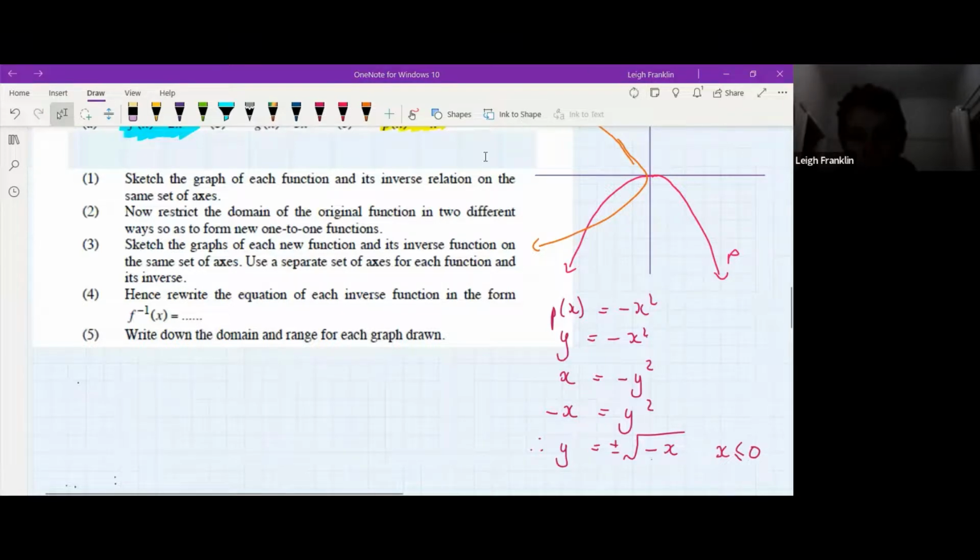Sure, Morongoa, what I was saying is that when we drew the inverse, we have to restrict this. So this that I'm highlighting in purple now has to be restricted to those values of x that are negative, and that is because you've got a negative inside the bracket.